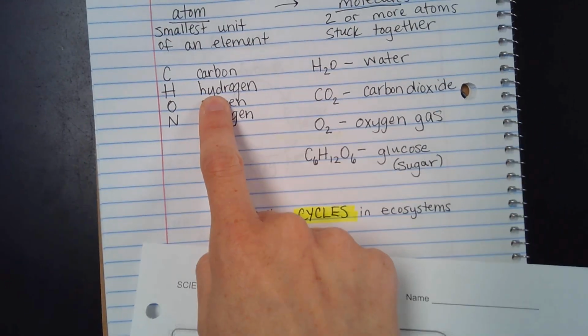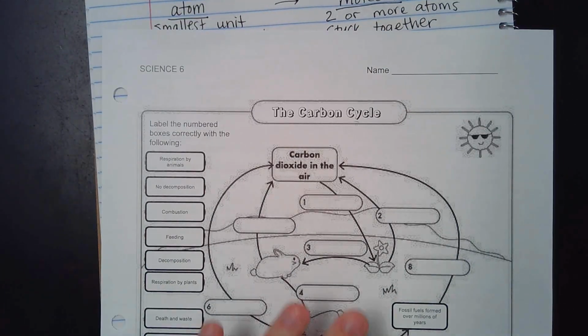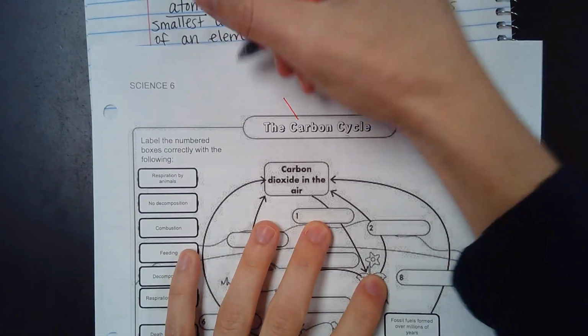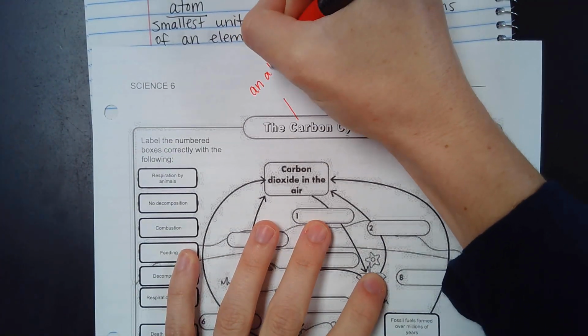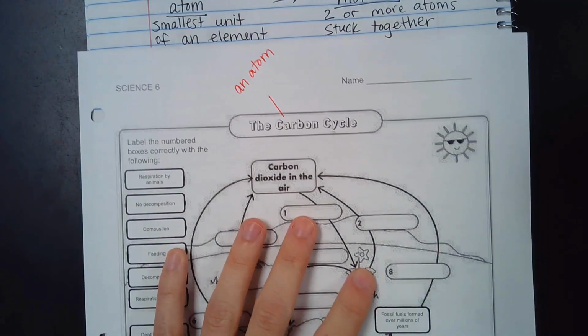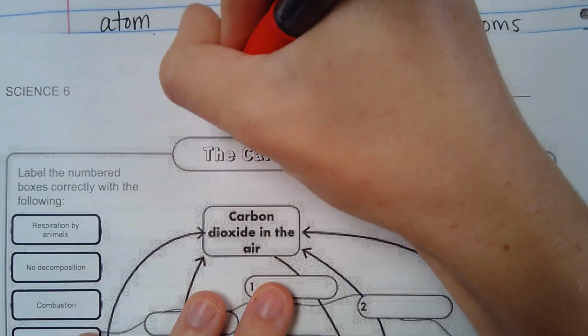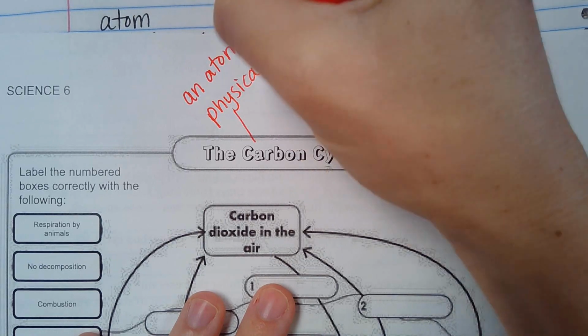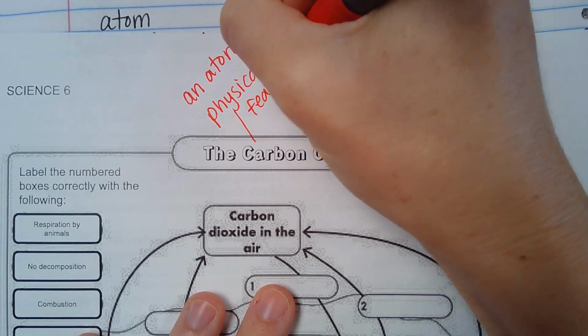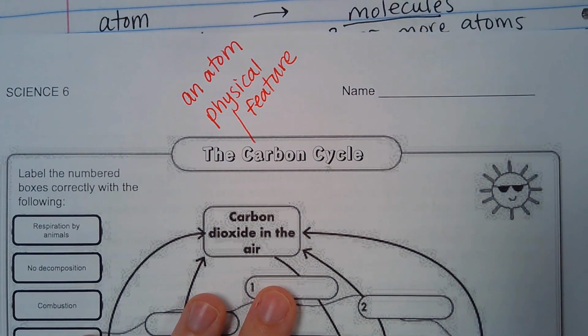So if you remember from right here, we said carbon is an atom. It's not living, so it's a physical feature of an ecosystem.